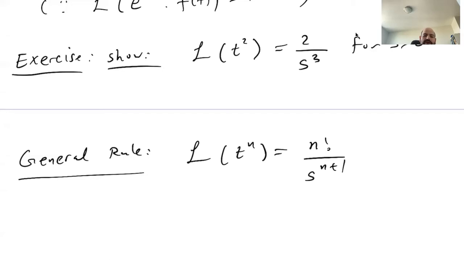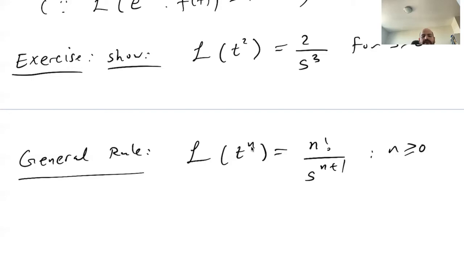So if you think about it, for the Laplace transform of 1, n was 0, so this n here can be considered to be bigger than or equal to 0. If n equals 0, then we have the Laplace transform of 1, which we saw was 1 over s. And this formula gives us 0 factorial over s. 0 factorial, we know it's 1. So 1 over s, which is what we saw before.